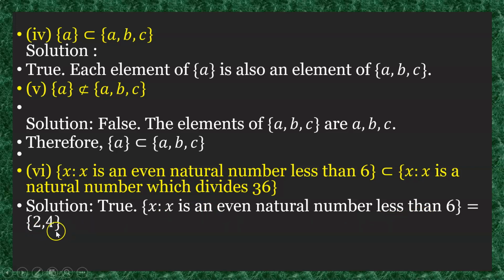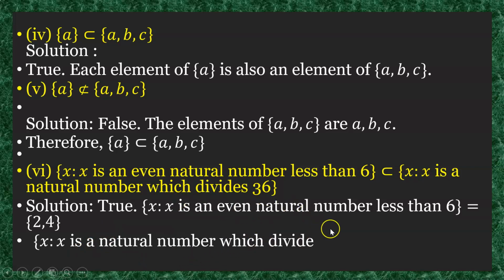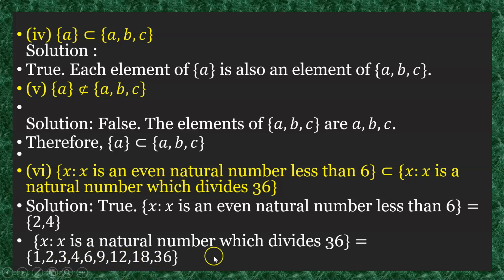These are the even natural numbers less than 6. And {x such that x is a natural number and divides 36}, what are its elements? That is 1, 2, 3, 4, 6, 9, 12, 18, 36. These are the elements which divide 36. Therefore 2 and 4 belong to this big set, and therefore it is a subset.